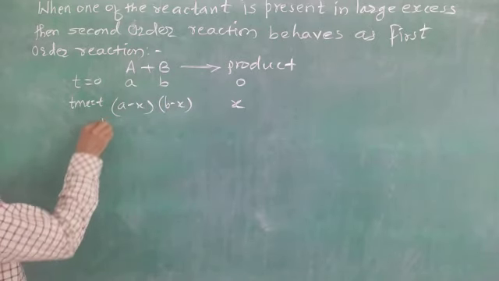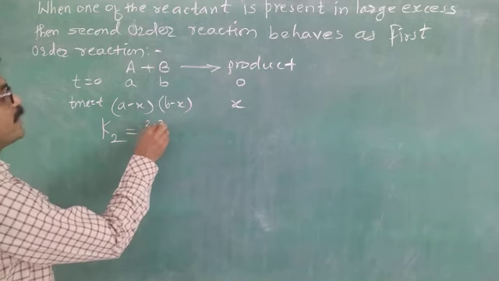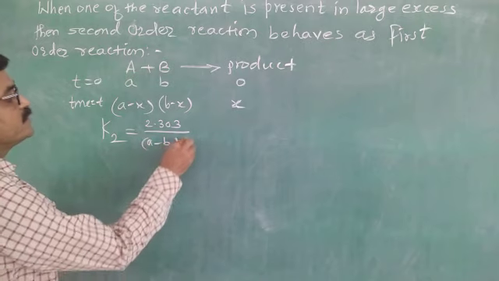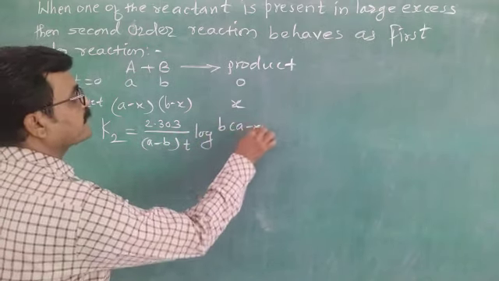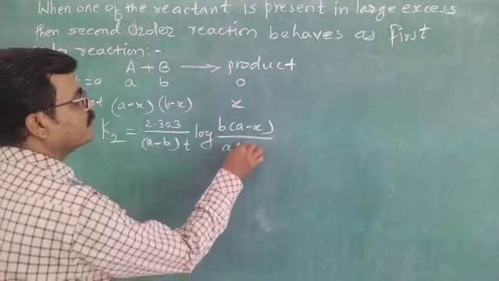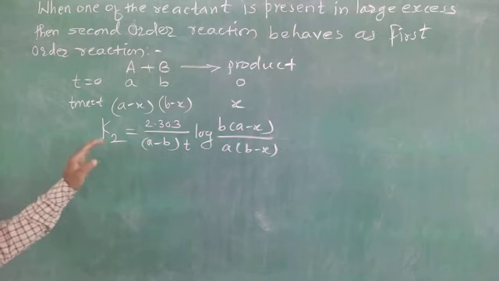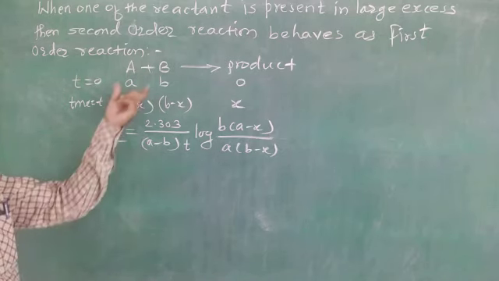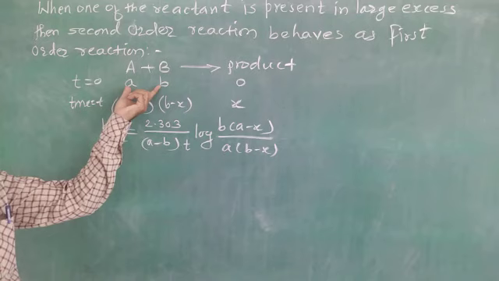Now from this, the rate constant K2 is equal to 2.303 upon (a minus b) into t, log to the base 10, b into (a minus x) upon a into (b minus x). We know this is the rate equation for the rate constant of a second order reaction when the initial concentrations of both reactants are different.